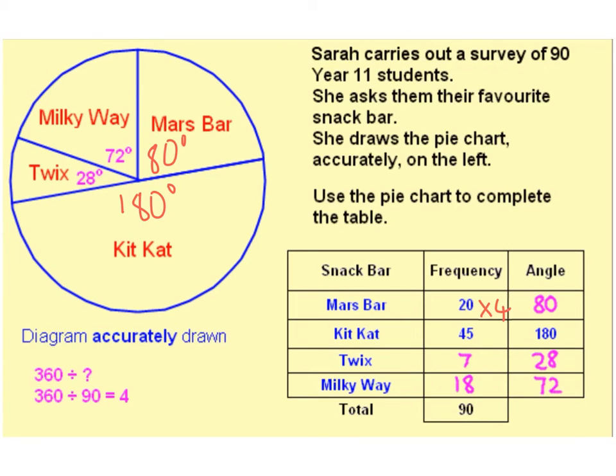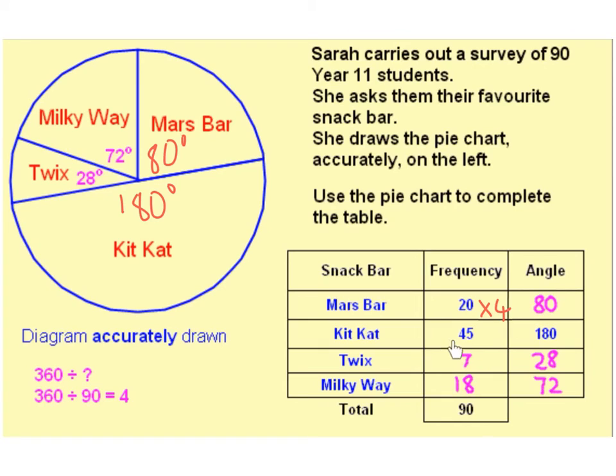If we start off with Twix, we place our protractor down. We put our baseline along this straight line here and measure this angle. It's an acute angle, which means it's less than 90 degrees, and it should be 28 degrees. So we write in 28 degrees in the angle section. Then the frequency is 28 divided by 4, which gives us 7.